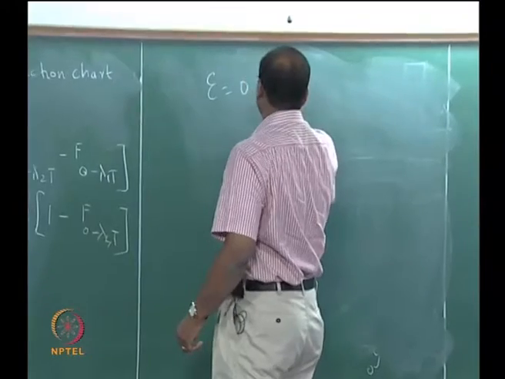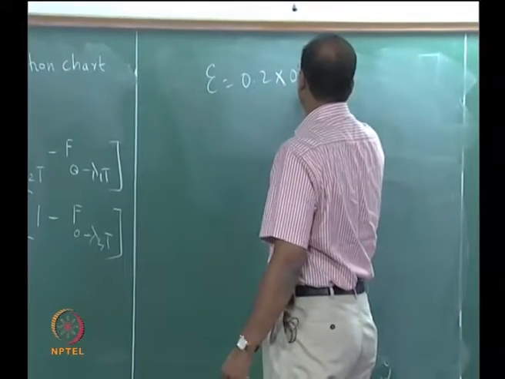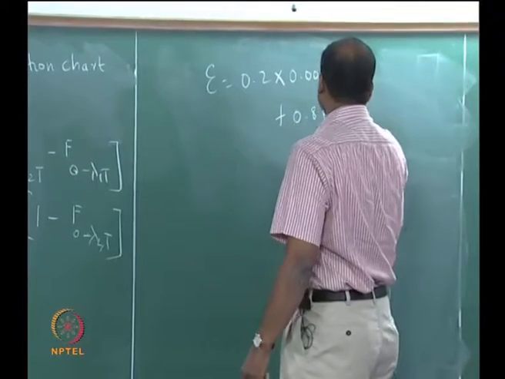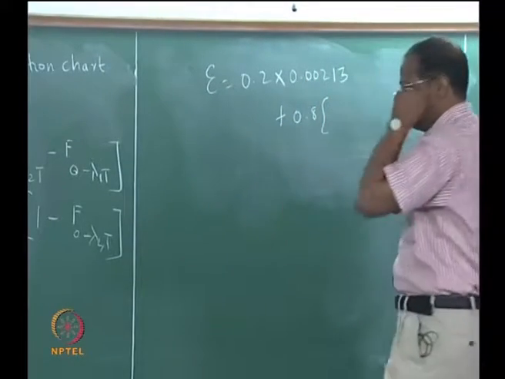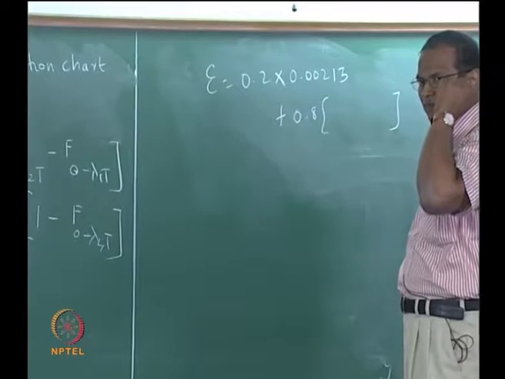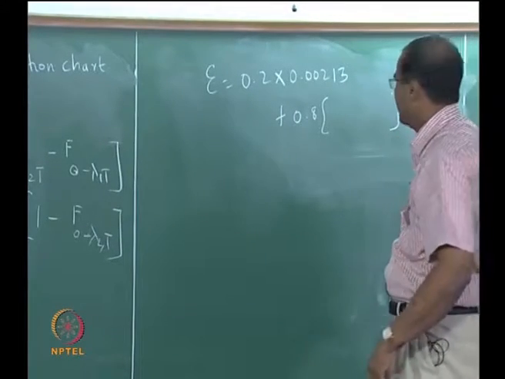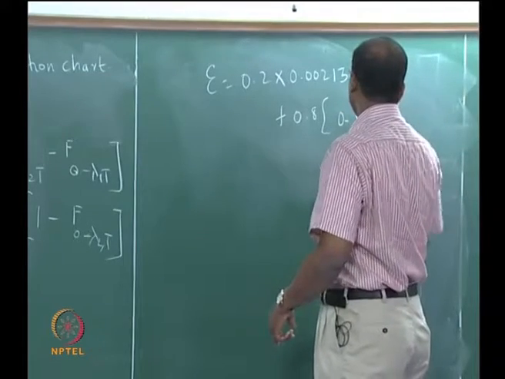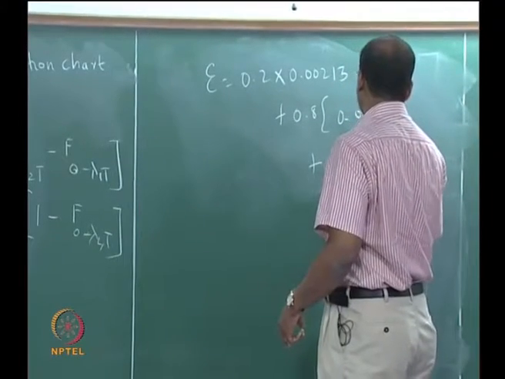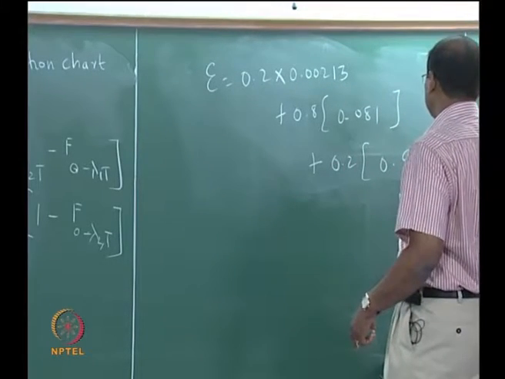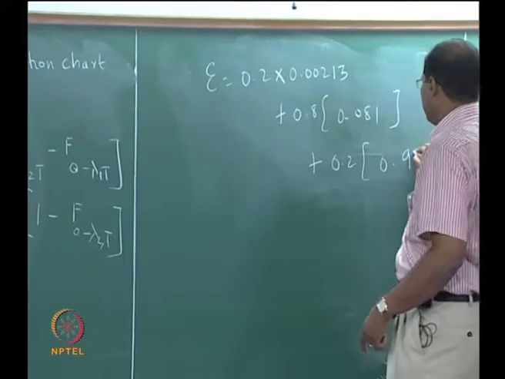Now epsilon is 0.2 into, so what is this? Point not? No. Plus 9? 1.